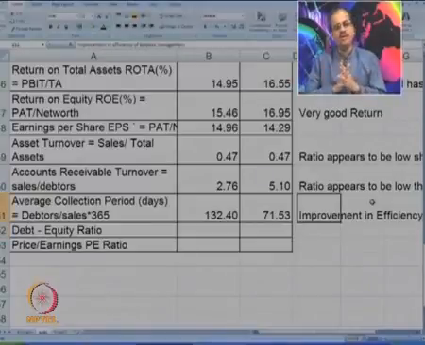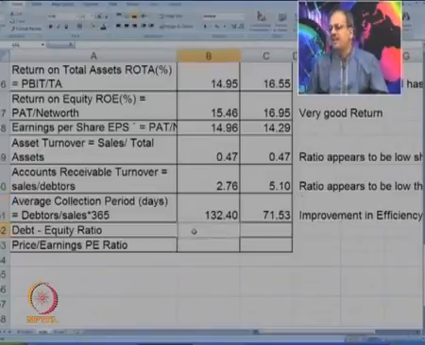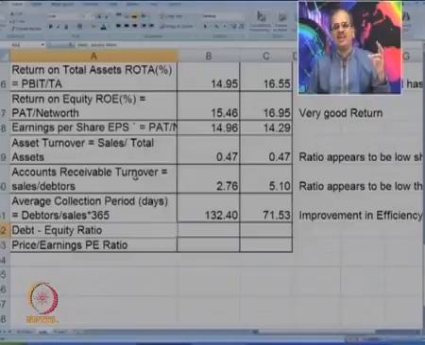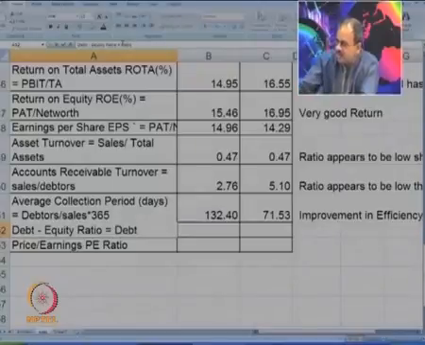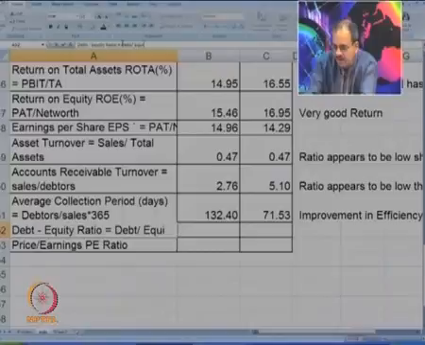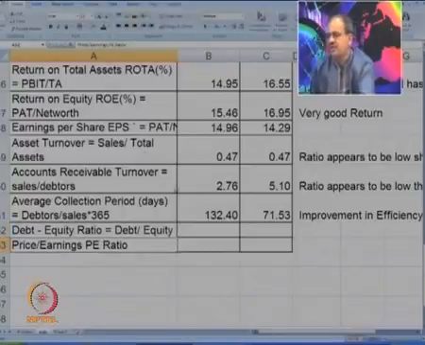Okay, are you getting it? Let us take the next ratio, that is the debt equity ratio. In the debt equity ratio, we find the relationship between debt and equity. So, debt, that is borrowed funds, we divide by equity or the owner's fund.